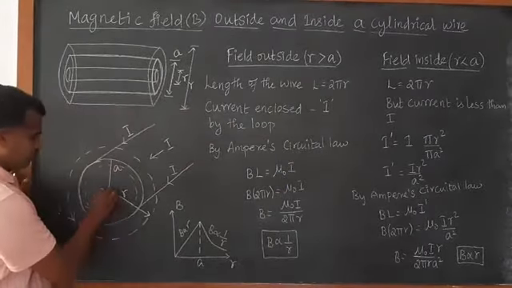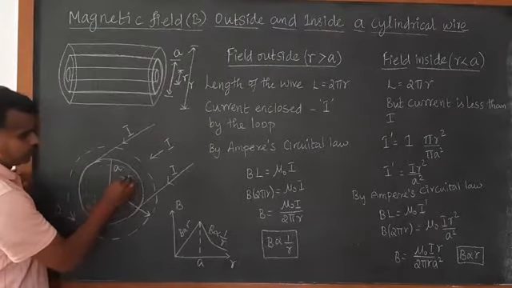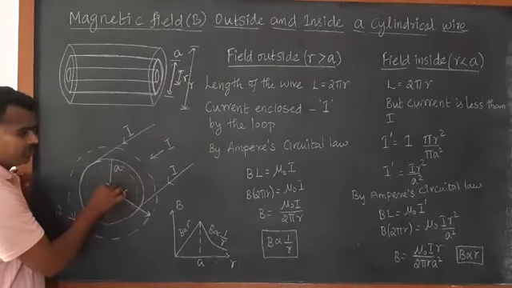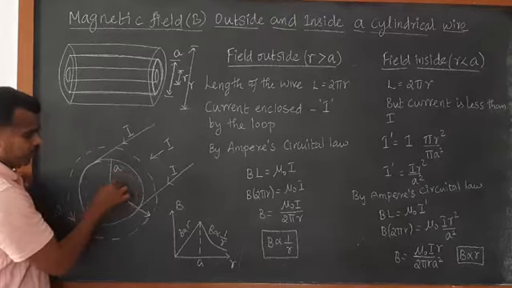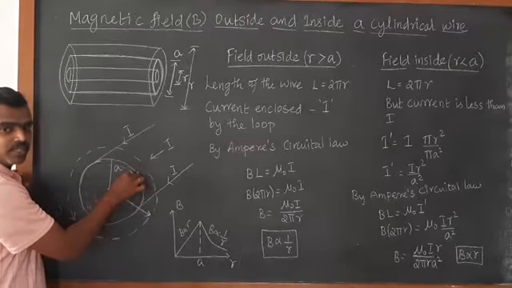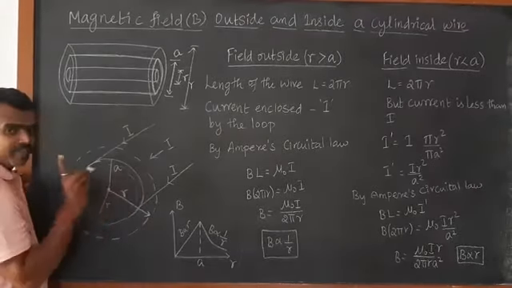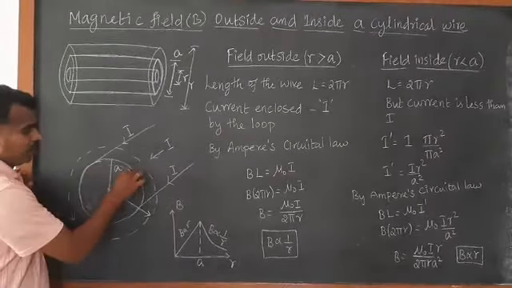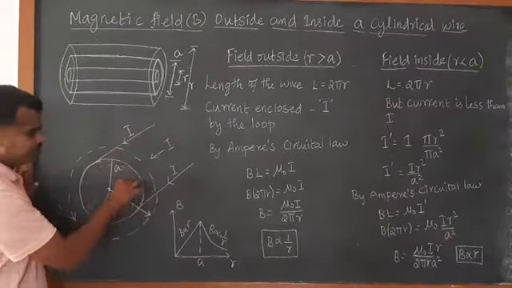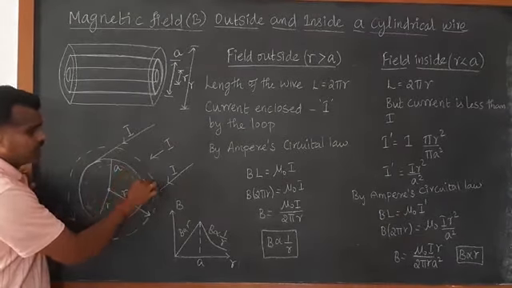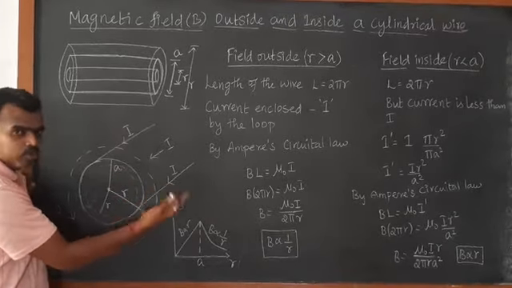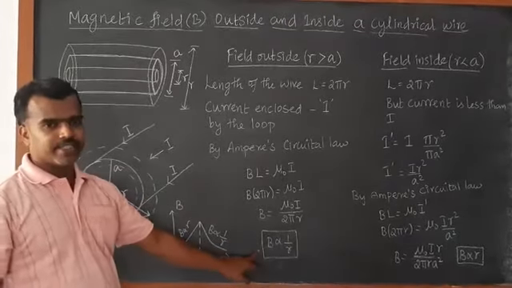That means from the axis up to the surface of this wire, the magnetic field increases. At the surface it is maximum. From the surface going outside, it starts to decrease.